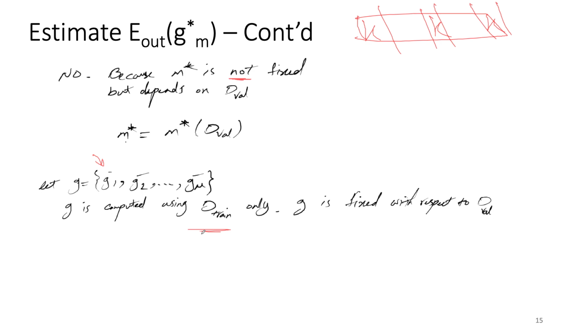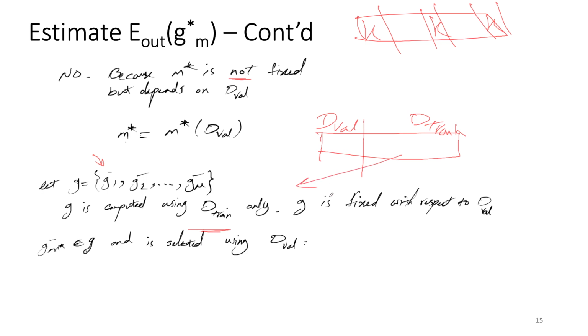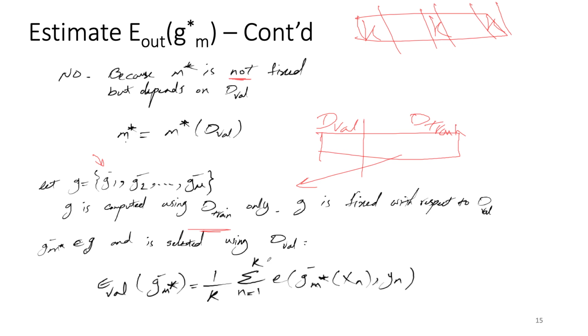Say in one case you had a fixed case that was only the train. g minus bar m star is a subset, is included in G, right? And it's selected using d val, because the way we mentioned those steps, how we're going to use the validation set in order to come up with the g m star, right?